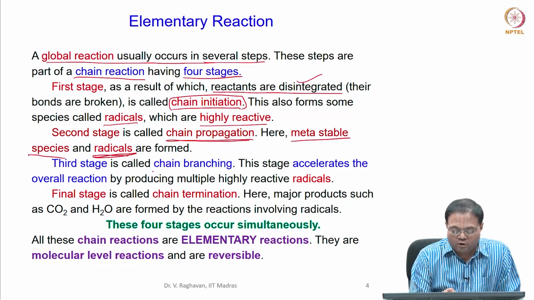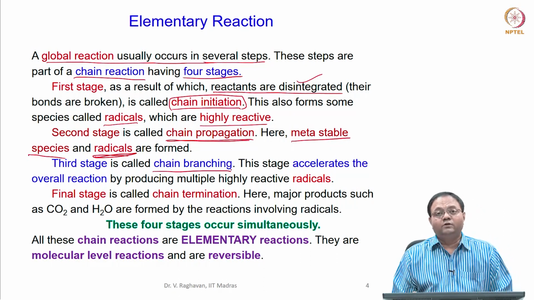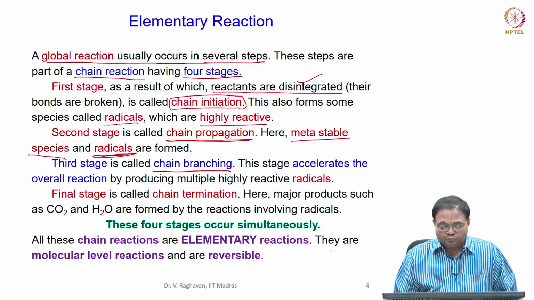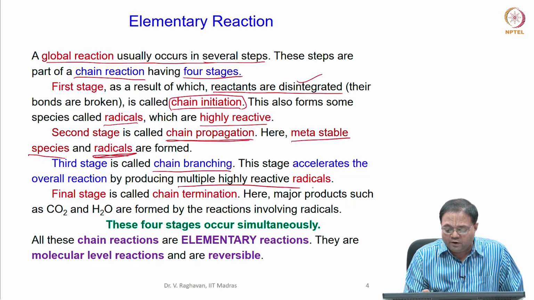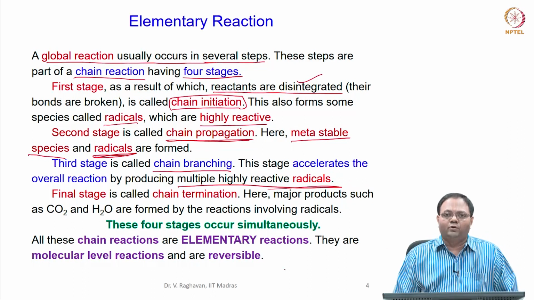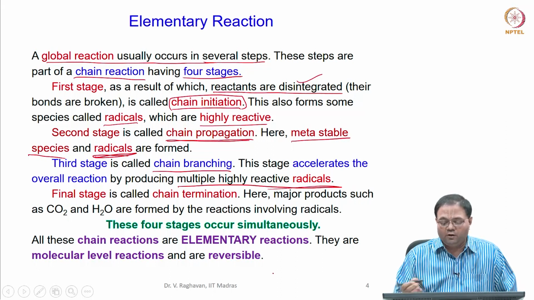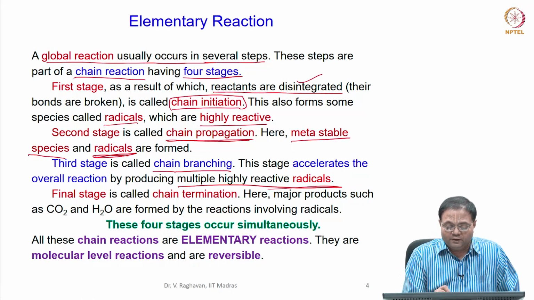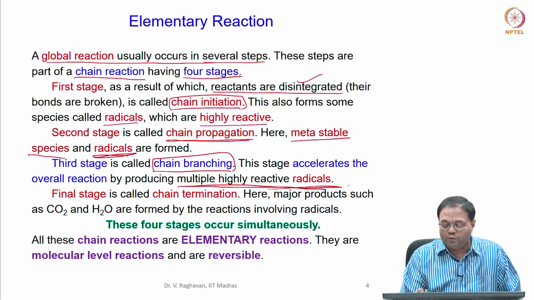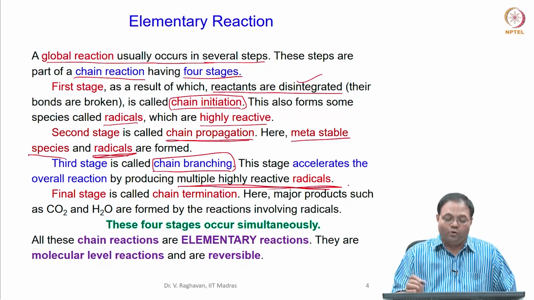Next, the third stage is called chain branching. Actually this is a very important stage where multiple radicals are formed. For example, in chain propagation only one radical may be formed. Let us define radical later, we will see that in detail. But in the chain branching step, more than one radical can be formed.